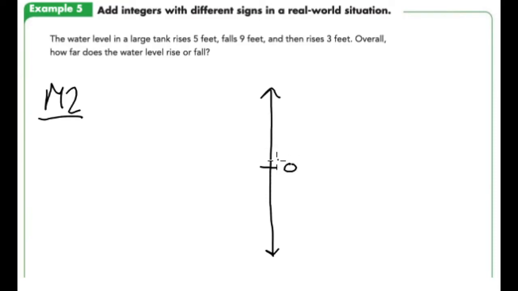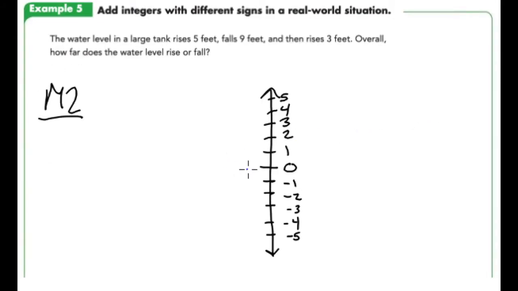So I'm going to put my midpoint at 0, and then we'll go up to 5, and we'll go down to a negative 5. And we're going to start at 0. That'll be where we started, and this will help us see what our overall change was.